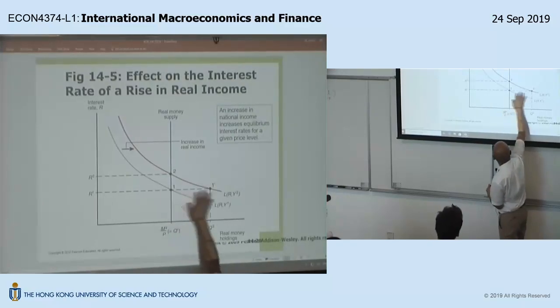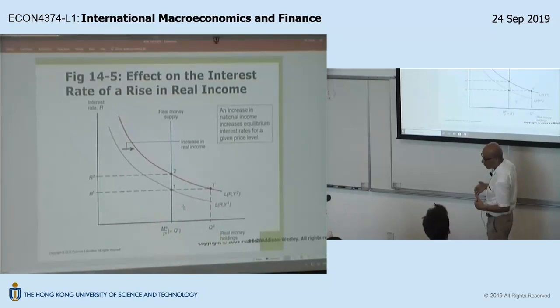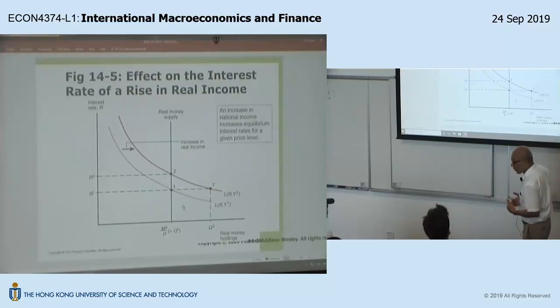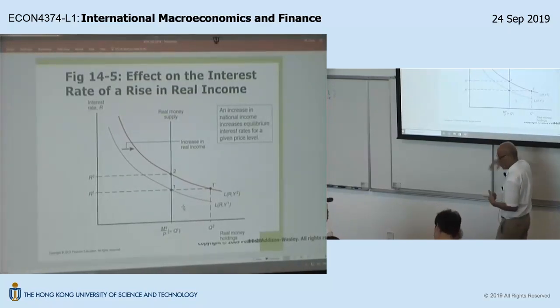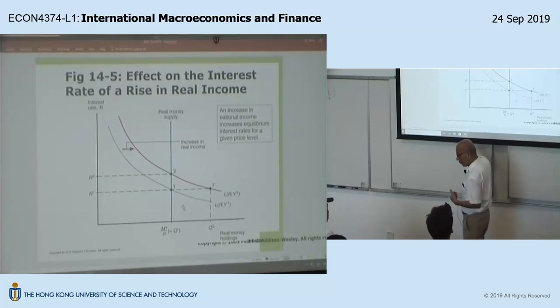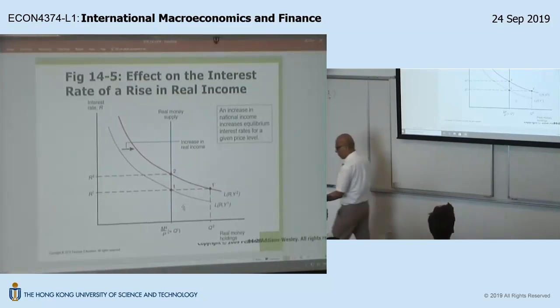As a result, the original interest rate was too low. There's excess demand for money, or excess supply of bonds. So in the bond market, the interest rate has to be bid up to attract people to buy bonds.